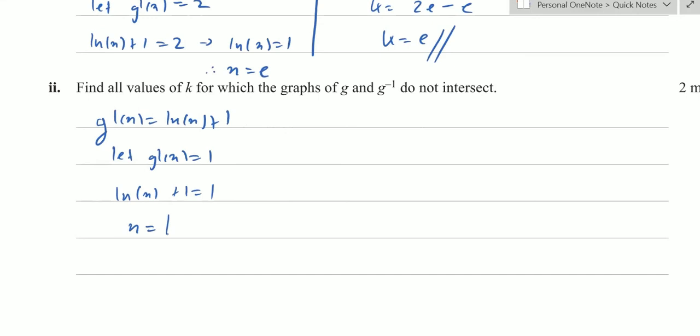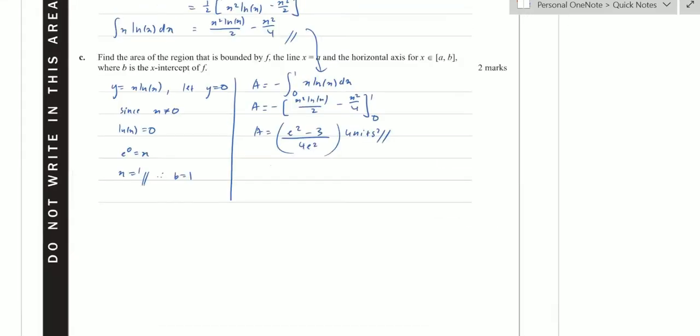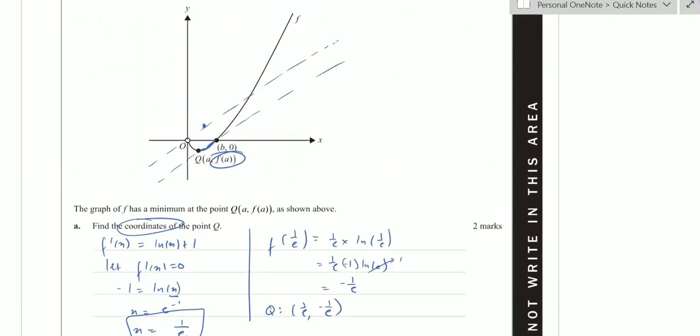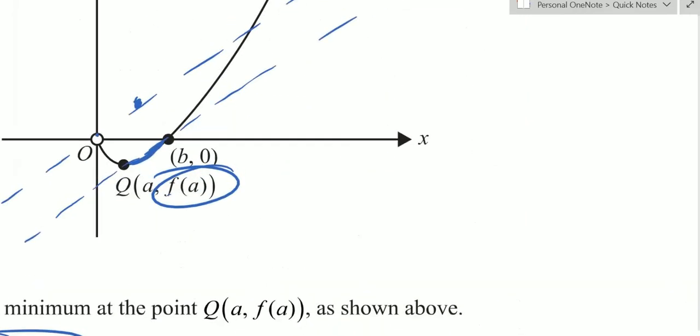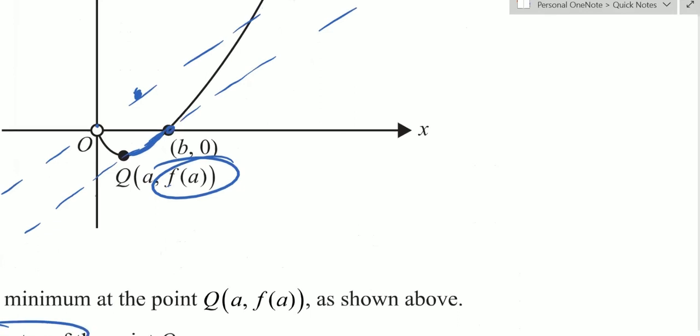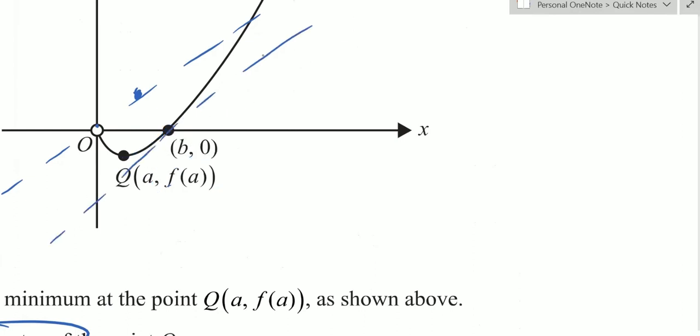Oh, yeah. So that means that at the point x equals 1, the graph is parallel to y equals x. If you remember from when we calculated, b is actually 1. So at the x-intercept, that's when the graph is parallel to y equals x.